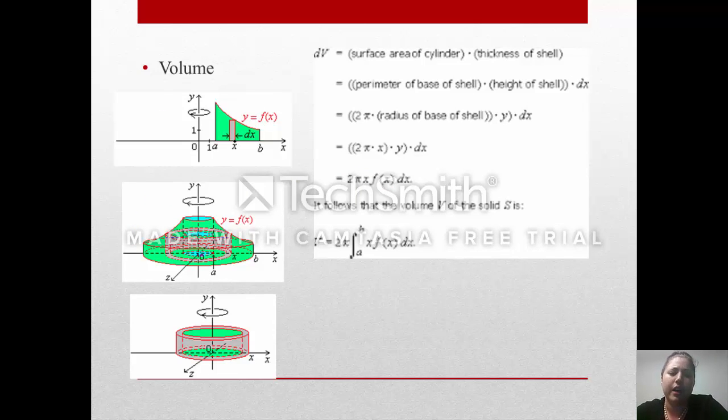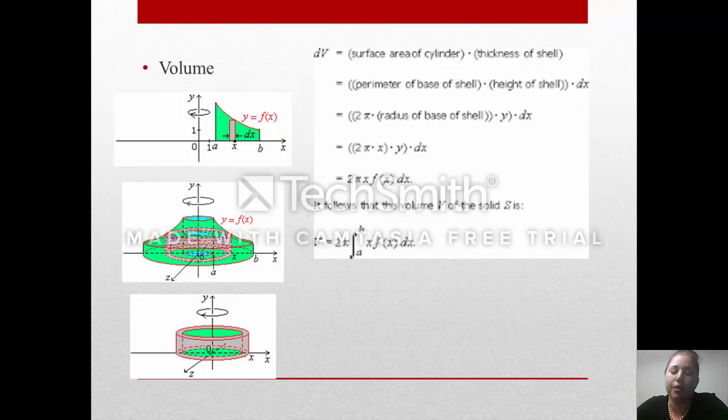Another application would be finding volume. In this case, dV equals the surface area of the cylinder times the thickness of the shell. We have a region that's bounded by the x-axis and y equals f of x from a to b.